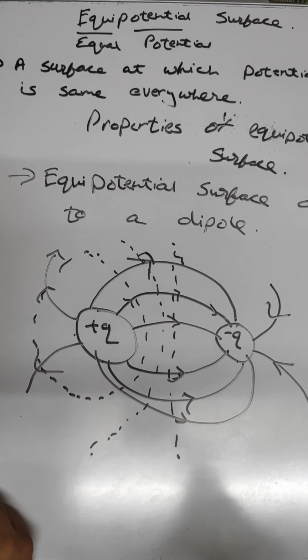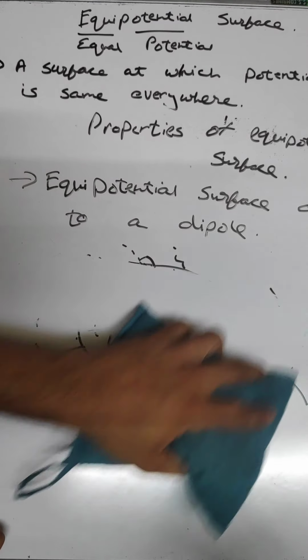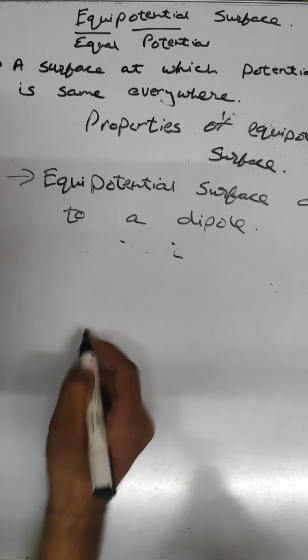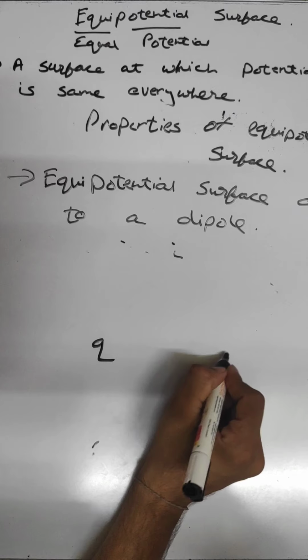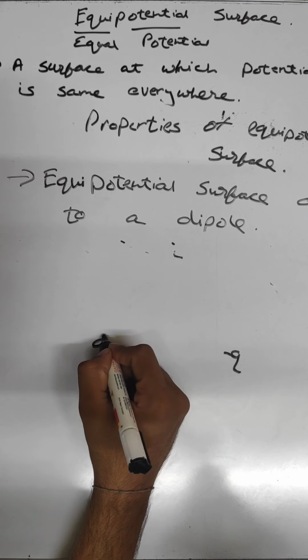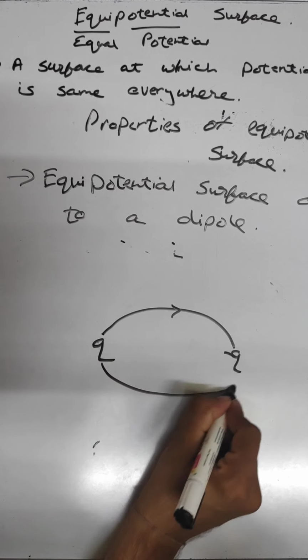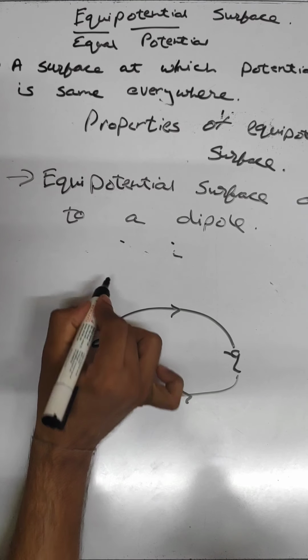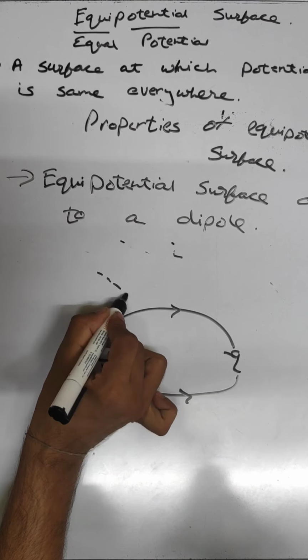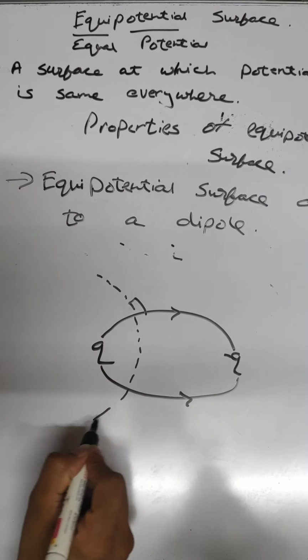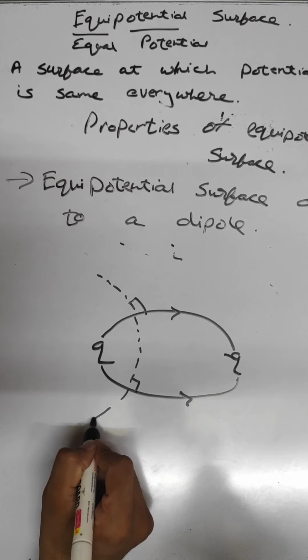Okay, I'll draw it in a simple form with not much of an electric field line so that you can easily understand. Plus Q, minus Q. This is the electric field line. Only to show, over here this will be perpendicular, over here also it will be perpendicular.